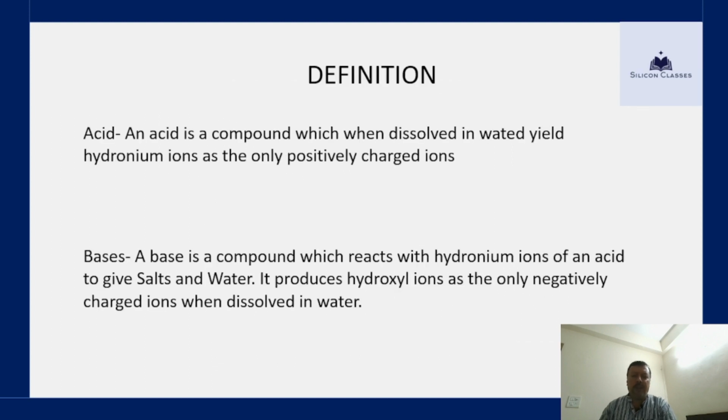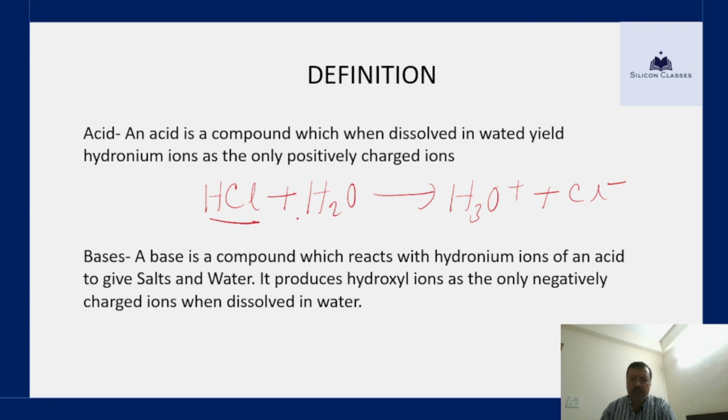Acid. An acid is a compound which, when dissolved in water, yields hydronium ions as the only positively charged ions. You just see the reaction. Suppose HCl, when it reacts with water or dissociates in water, it will form hydronium ions and Cl minus, that is chloride ion.